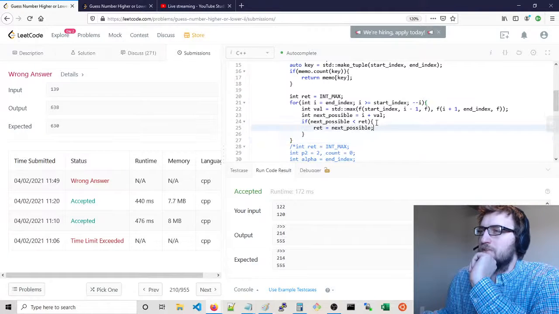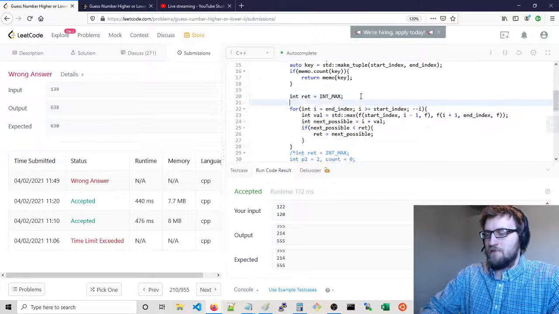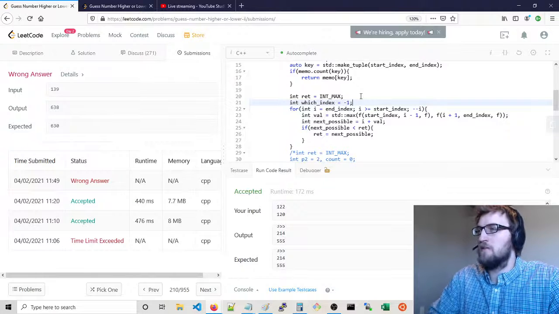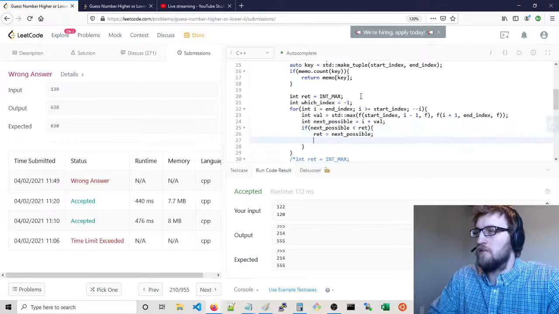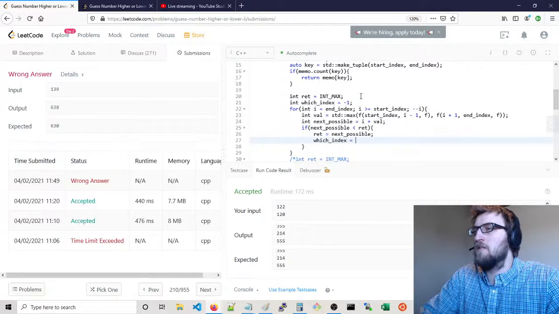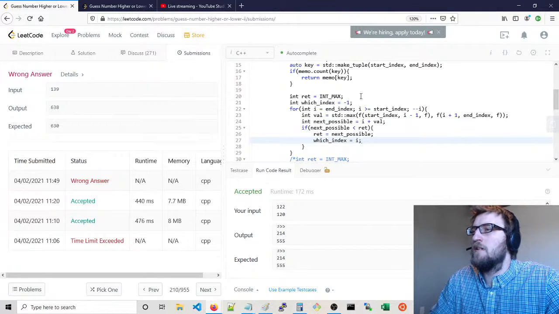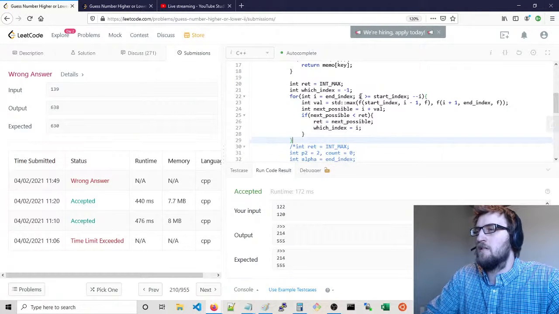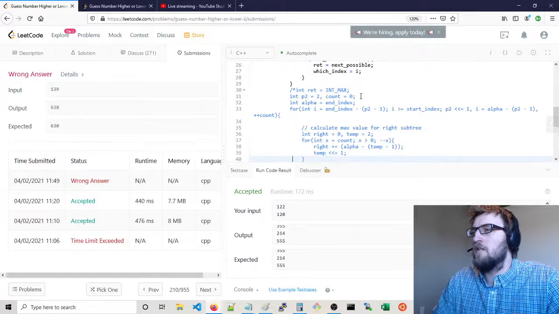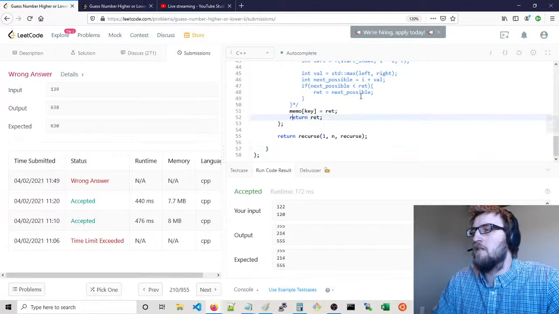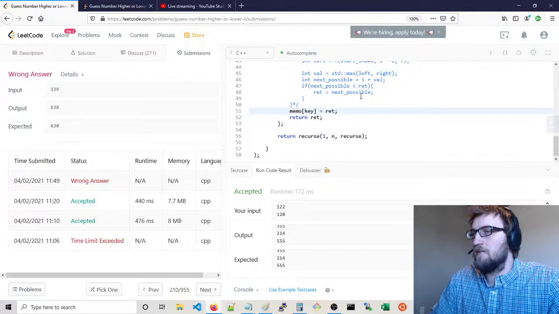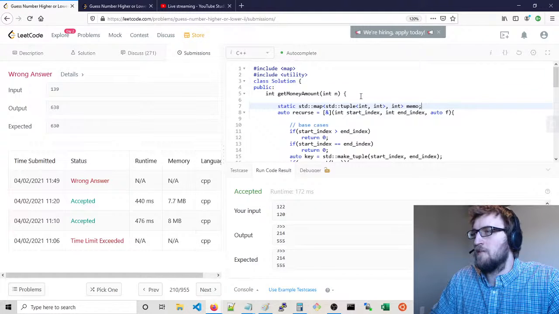What we want to do is record which index. And what we're going to do is this.